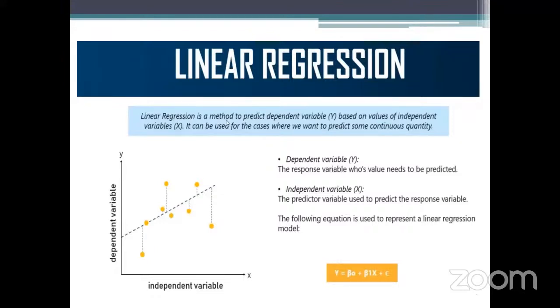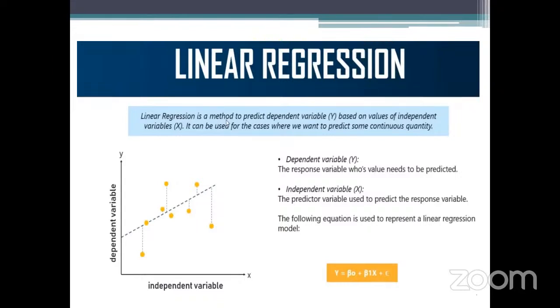But the independent variable x, which is basically the predictor variables, these are the variables that you will be using to predict your output variable, which is nothing but your dependent variable.